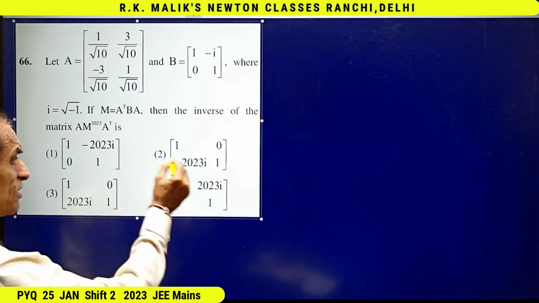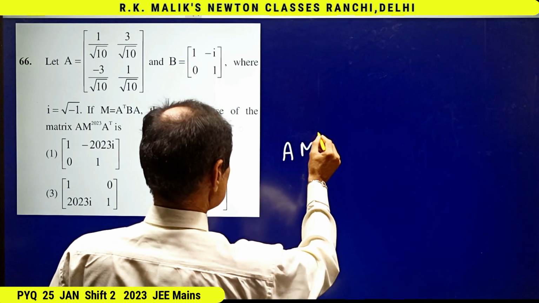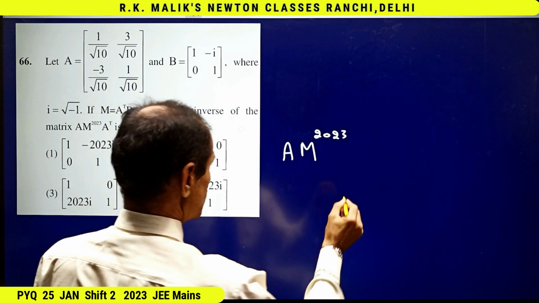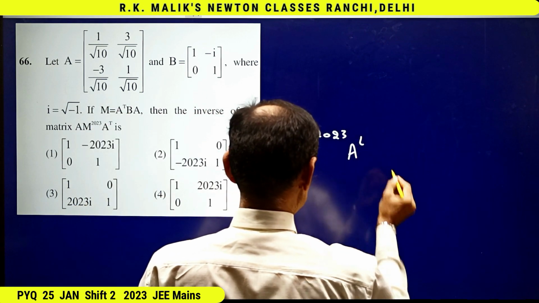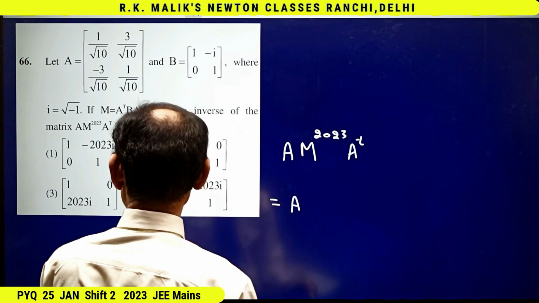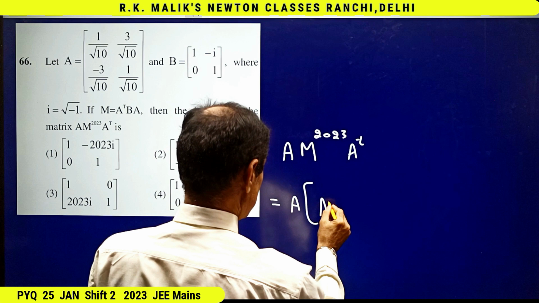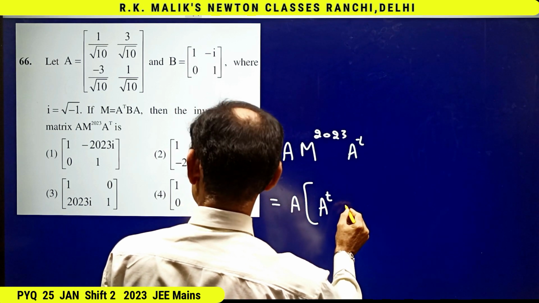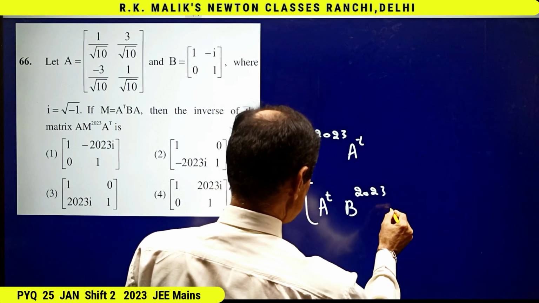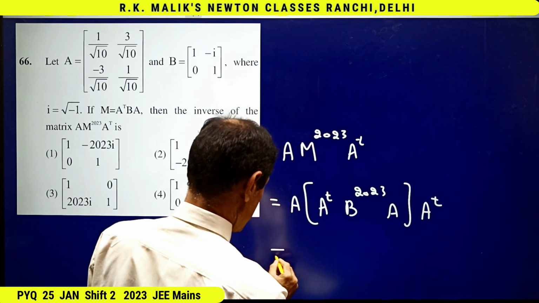Hence, I can say A into M to the power 2023 into A transpose is equal to A, and M to the power 2023 will be A transpose B to the power 2023 A into A transpose.